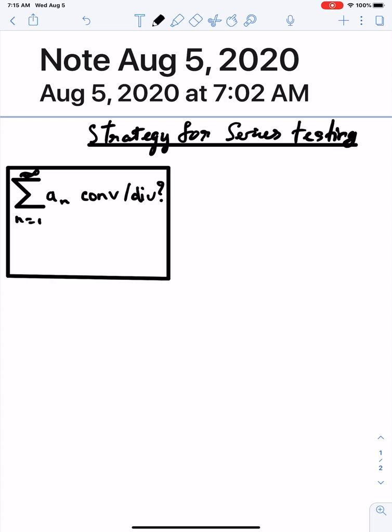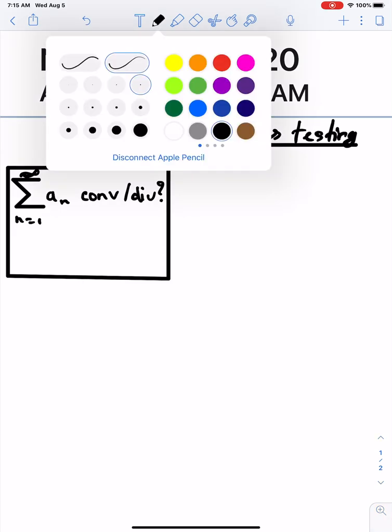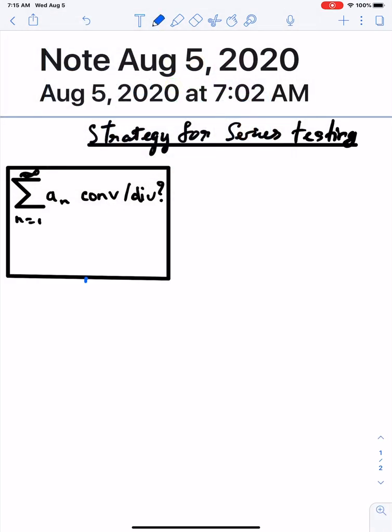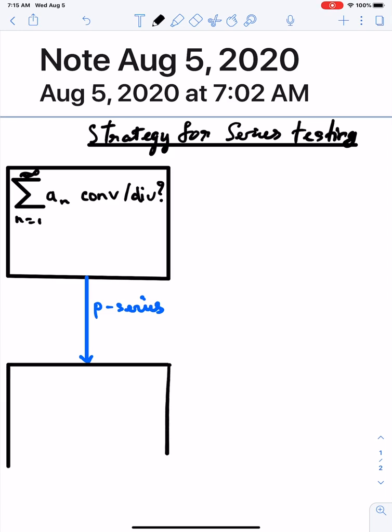So the first thing you should think about is to ask yourself, does it resemble a p-series? So what is the p-series? It has a very specific form, kind of the standard example that we should know.